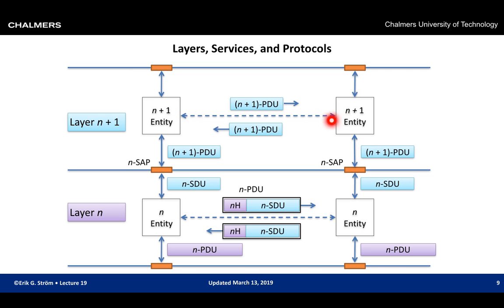By sending this information, these two entities can provide a service for the layer above. For instance, layer n provides a service up to layer n+1, and layer n+1 provides a service to layer n+2. Layer n+1 provides a service by using the services of layer n. So you use the services below to provide something up in the stack.